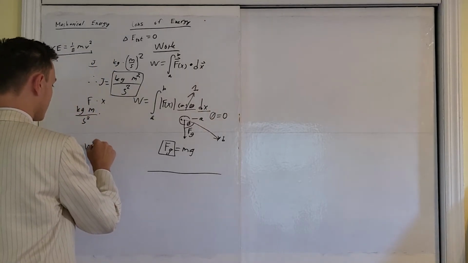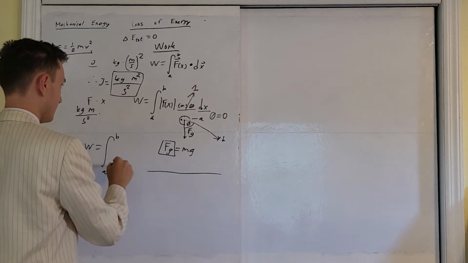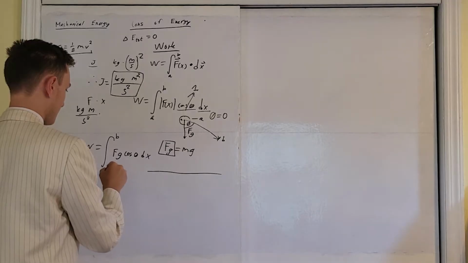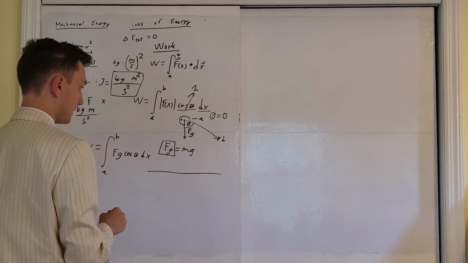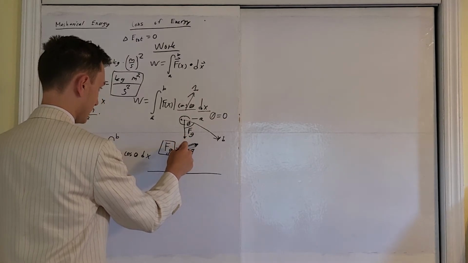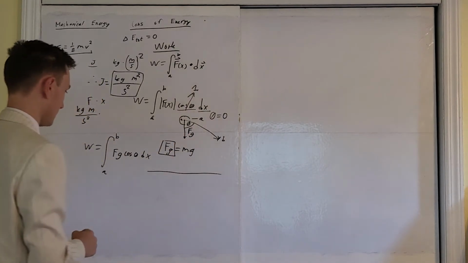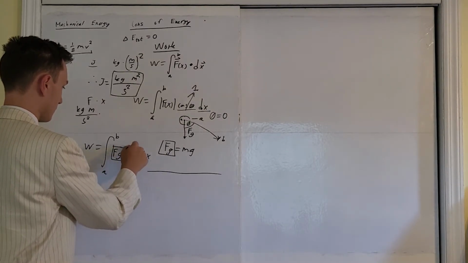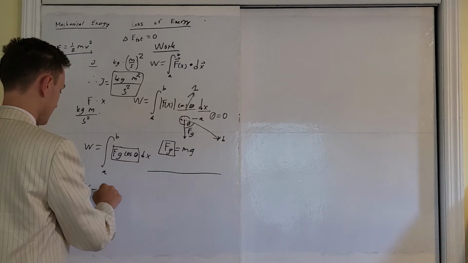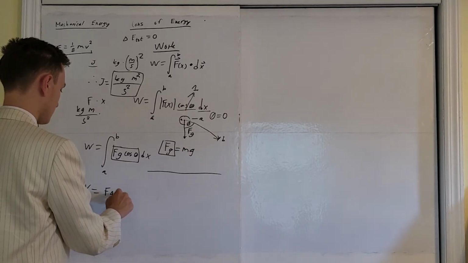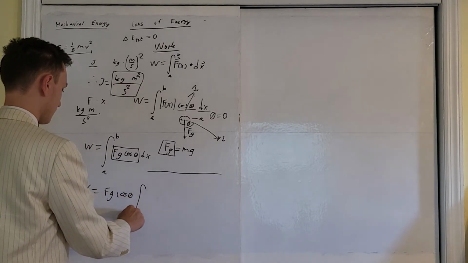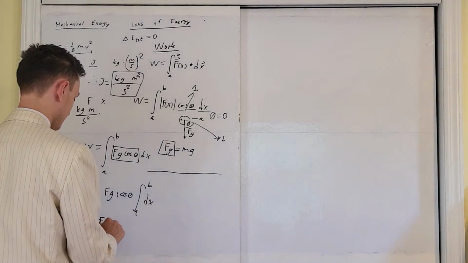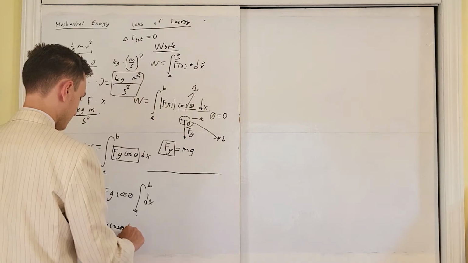So we can rewrite this integral as being the work done from A to B of F sub g cosine theta dx, where given that our cosine theta is not changing and our force of gravity is not changing, both of these can be taken out of our integral. Therefore, the work done is equal to the force of gravity times cosine theta times the integral from A to B of dx, which is simply just the force of gravity times cosine theta times b minus a.